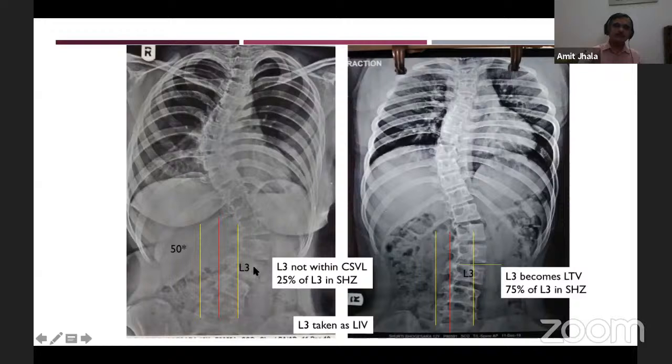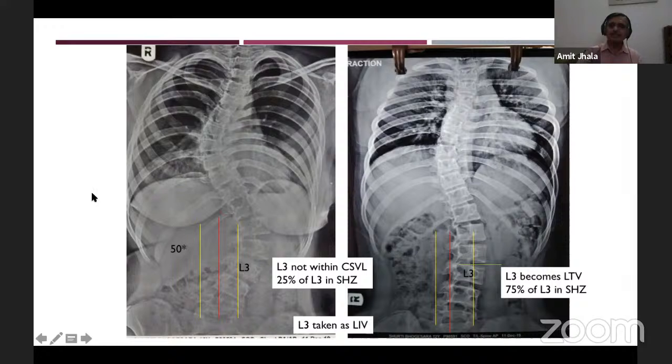It is also far away from the Harrington stable zone, with only 25% of L3 in the Harrington stable zone. But in the traction view, with the CSVL, you have L3 as the last touch vertebra, and 75% of L3 comes in the Harrington stable zone.